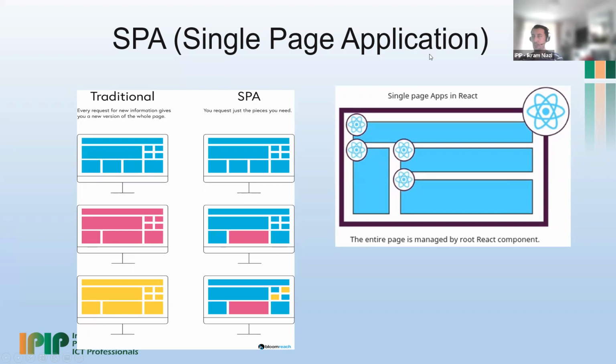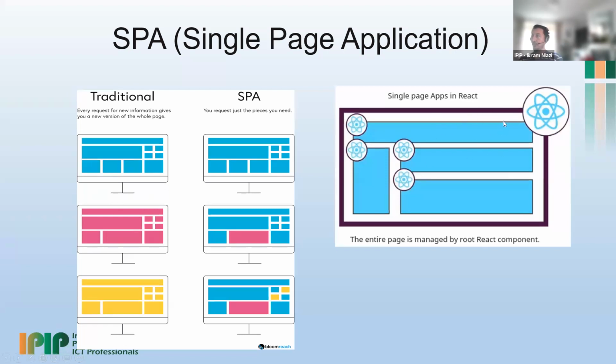So in a single page application like React, you ask for only this component, only this gets loaded, like here in the pink it shows, or you ask for something here in the yellow, only this gets loaded. So you only get maybe a few bytes or kilobytes from the database or server instead of the whole page, which is maybe a few MBs.